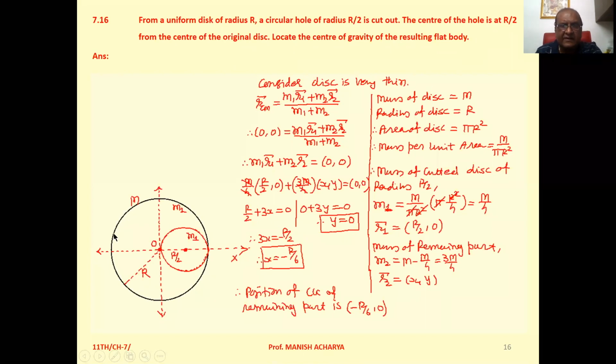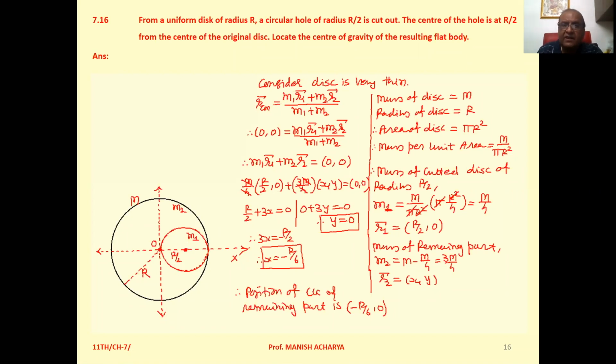See here, as shown in the figure, the disk has mass capital M and radius capital R. Consider a small disk having radius R by 2, and this will be cut from it.